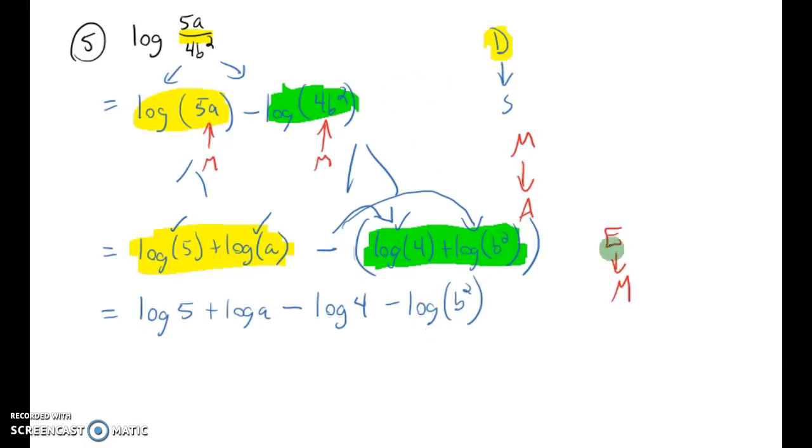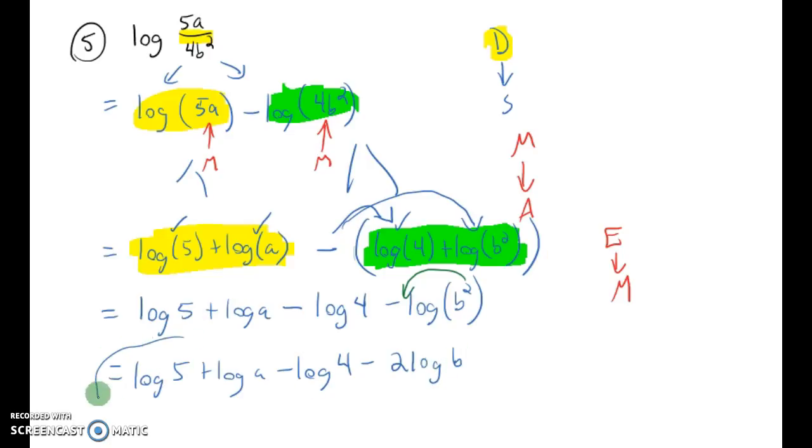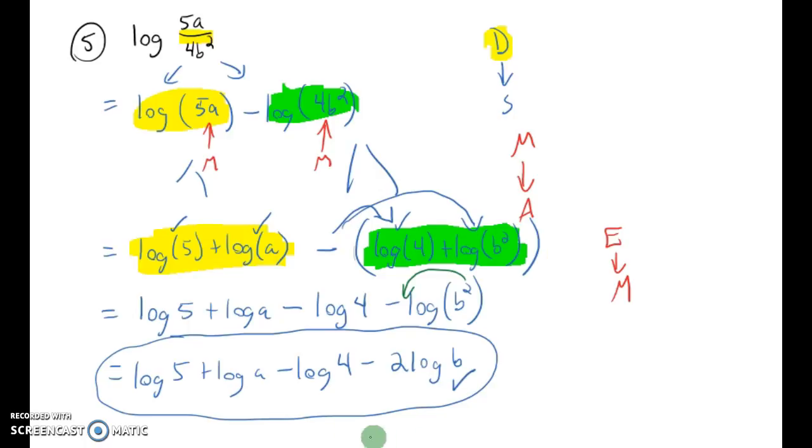And now my exponent inside this last log becomes multiplication by dropping the 2 down to the front. So I end up with log of 5 plus log of a minus log of 4 minus 2 times, because it becomes multiplication, log of b. And now, even my last log I can't expand further, so I know that I'm done.